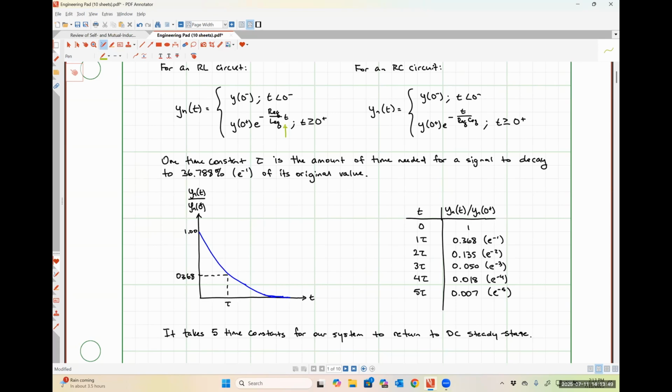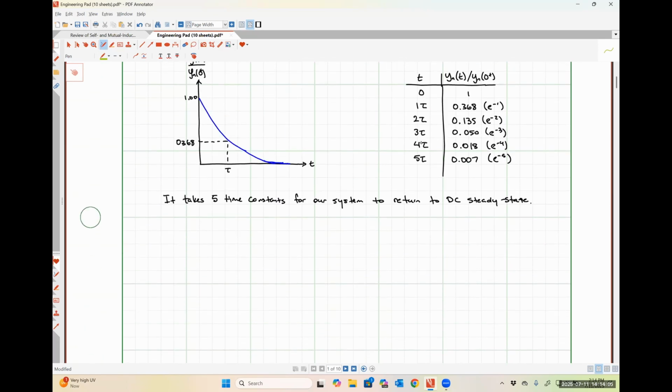Anybody care to give it a crack? All right, well, I guess I'll just give it to you. So for an RL circuit, let me make sure that L looks more like an L. Tau is simply equal to LEQ over REQ.